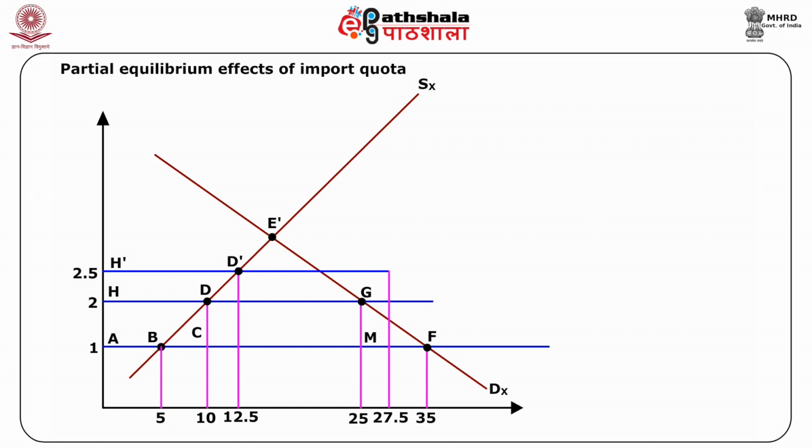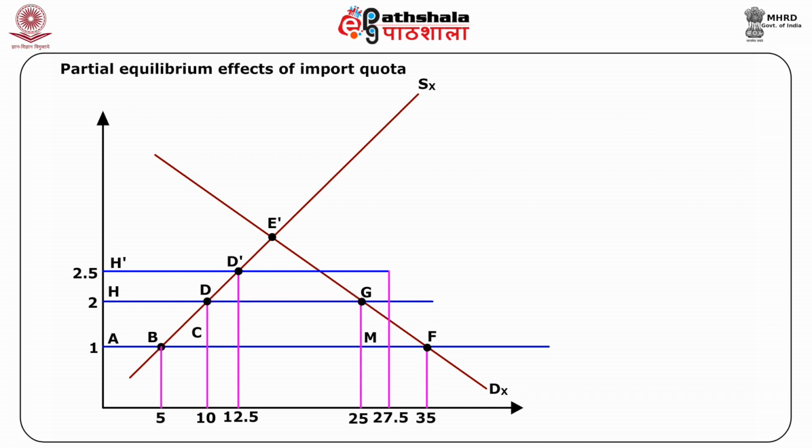At Px equal to 2, the quantity demanded of 25 (HG) equals 10 (HD) produced domestically plus the 15 (DG) allowed by the import quota. Thus, consumption is reduced by FM and domestic production is increased by 5 (BC) with an import quota of 15 (DG).